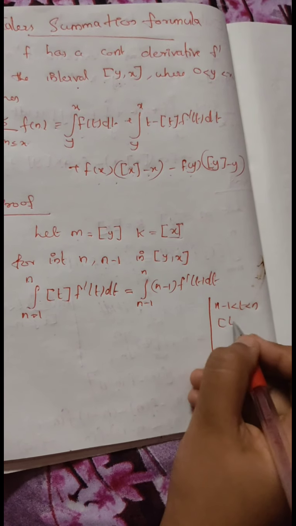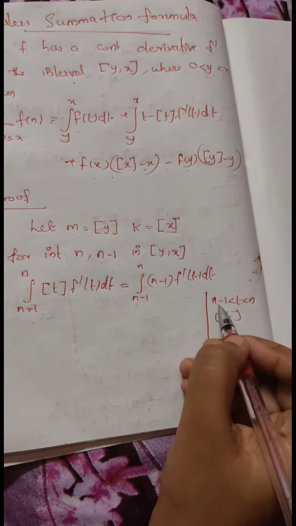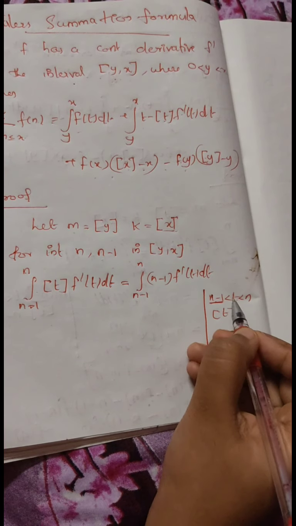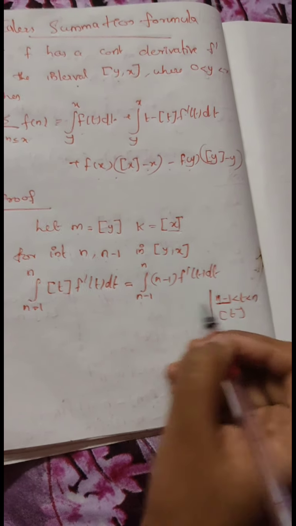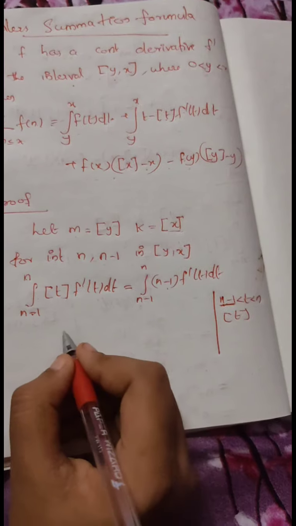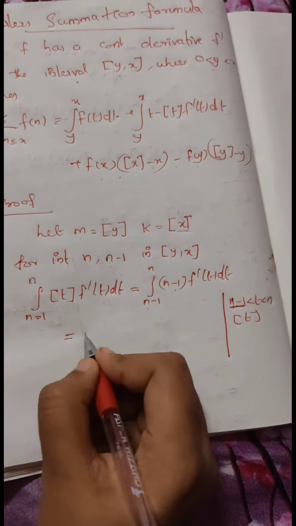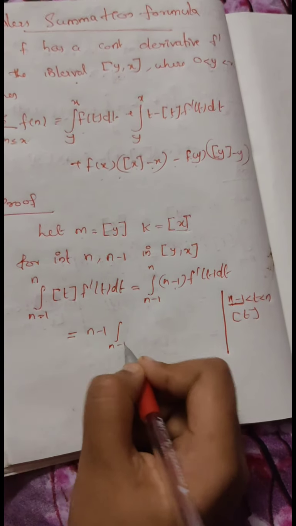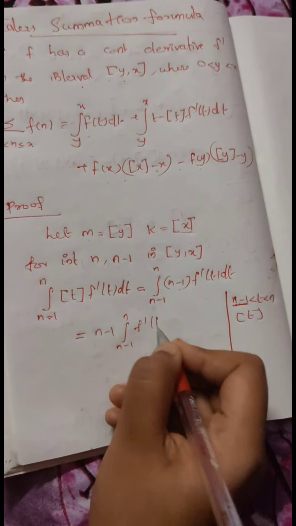So the greatest integer less than or equal to t must be n minus 1. That is why I have taken n minus 1 here, which is equal to (n minus 1) times the integral from n minus 1 to n of f'(t) dt.